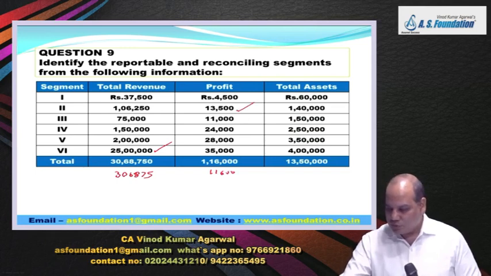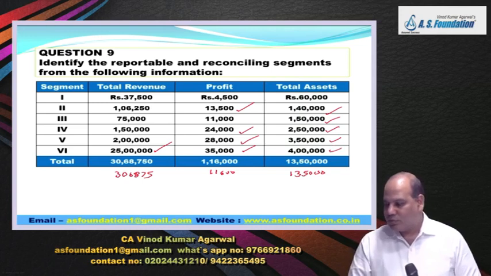2, 4, 5, 6. And I need 1,35,000 here. 2, 3, 4, 5, 6 also. Only which one has been left out? 1.